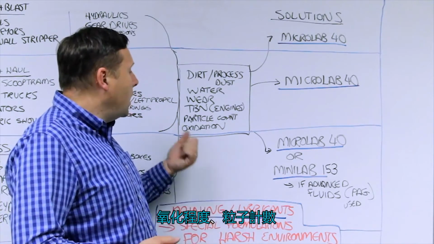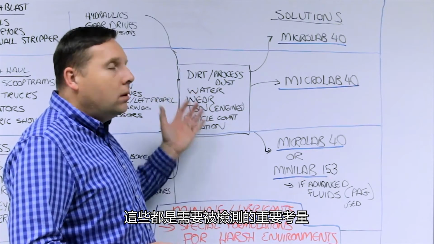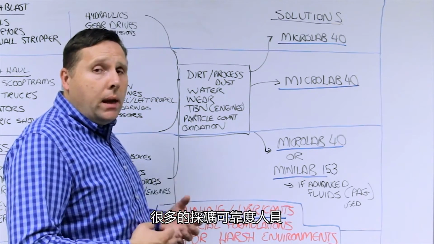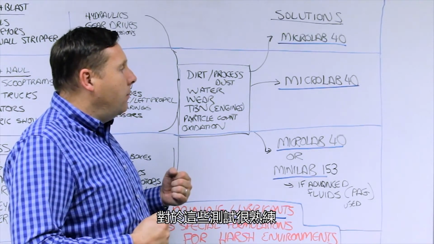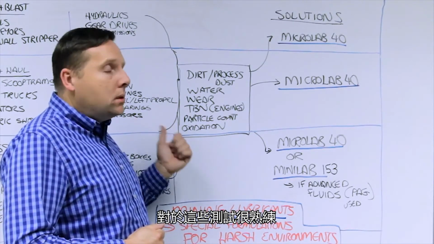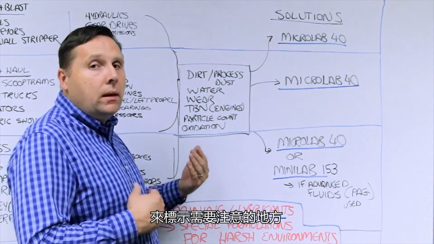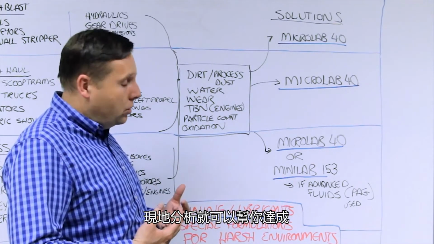TBN if it's engines, oxidation, particle count, all of these issues are critical areas for concern that need to be monitored. And many mining reliability professionals are very adept at identifying these tests for their equipment, as well as being able to set alarms so that they can identify what needs to be done. The on-site systems allow you to do that.